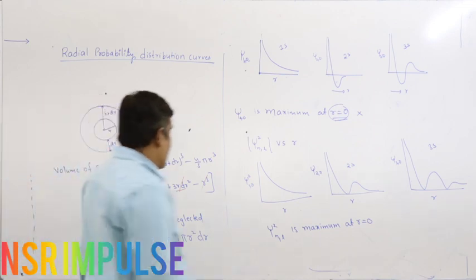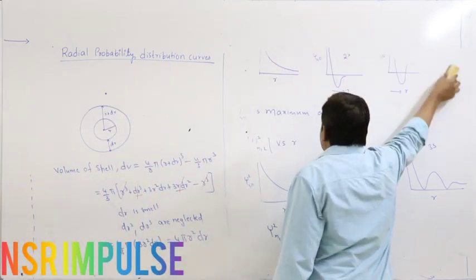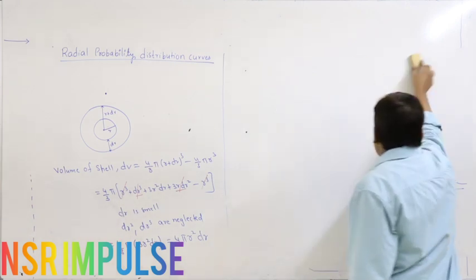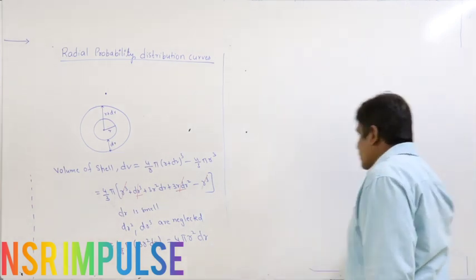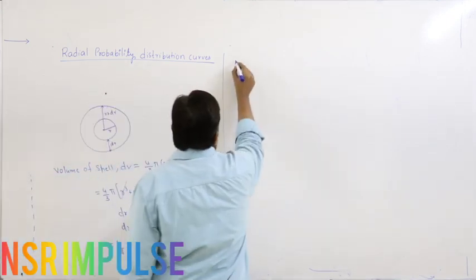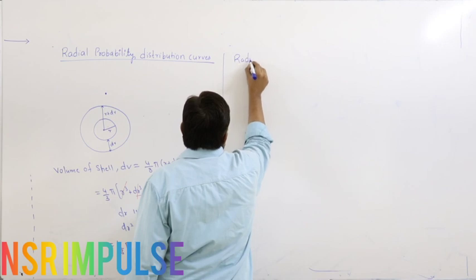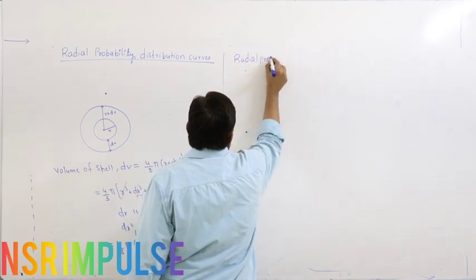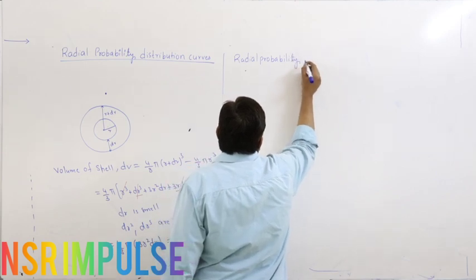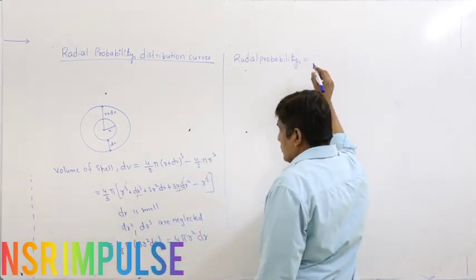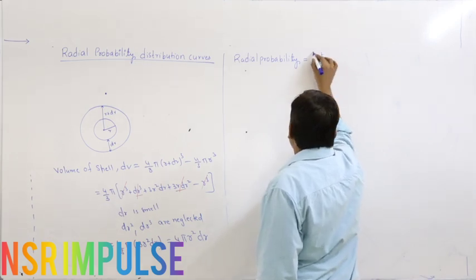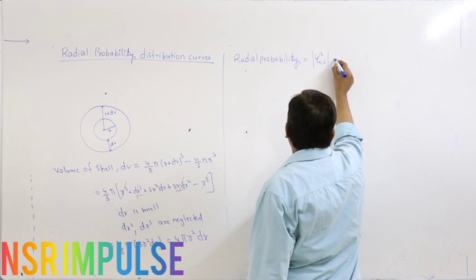Now they proposed that the radial probability is given by the product of these two, that is psi square n comma L into dV.